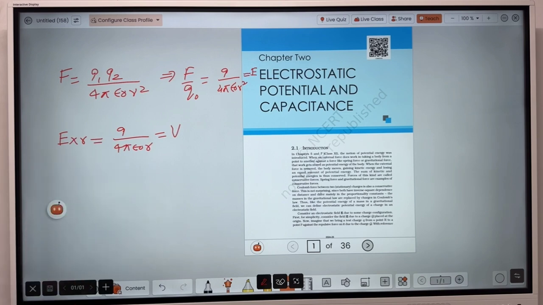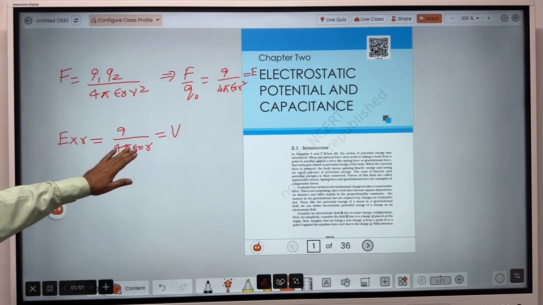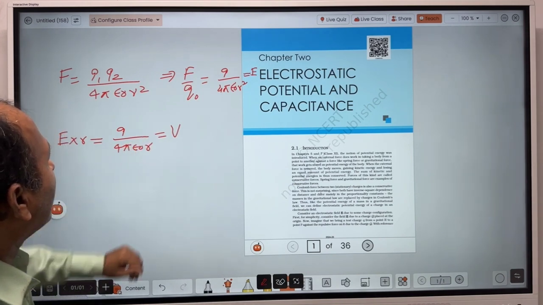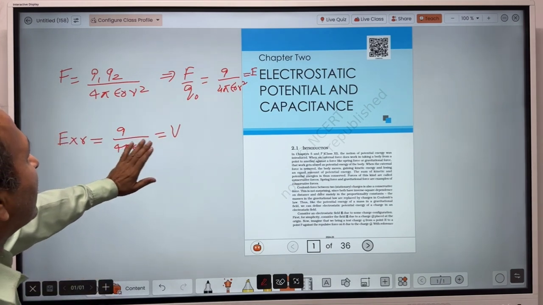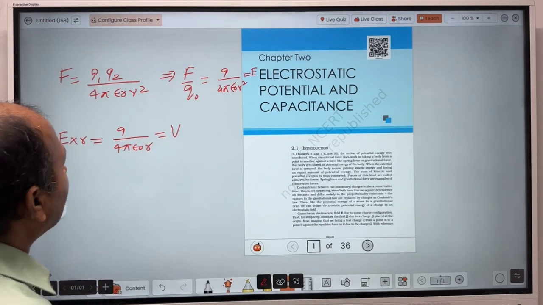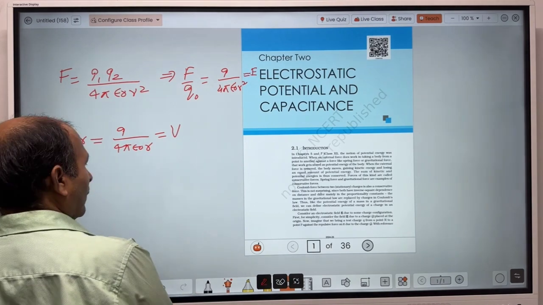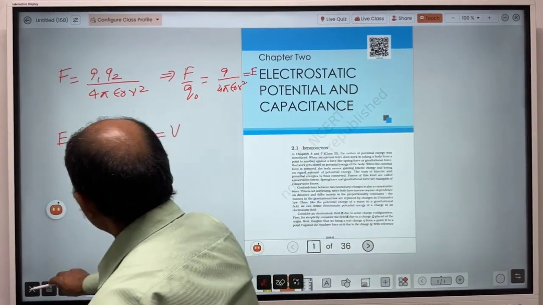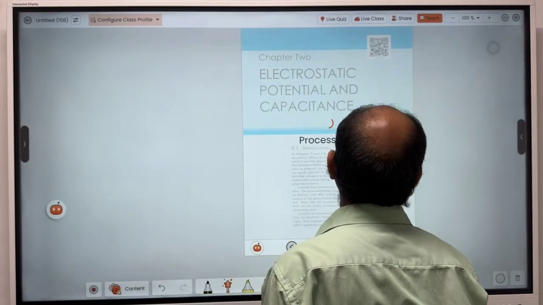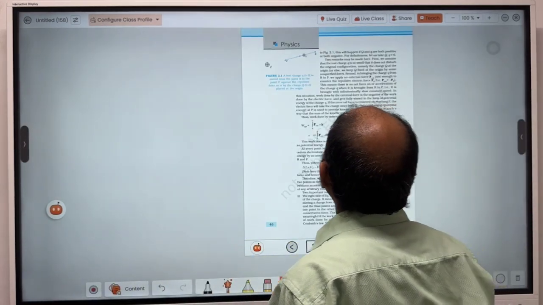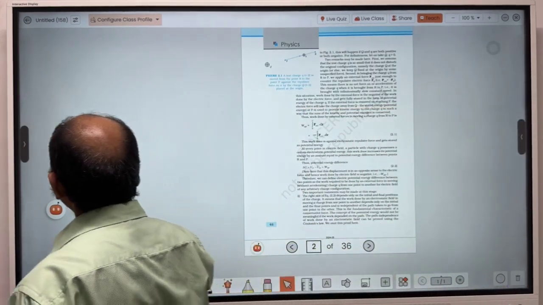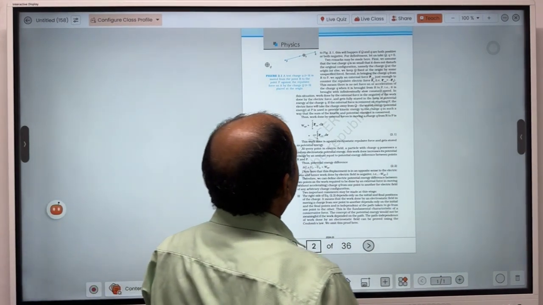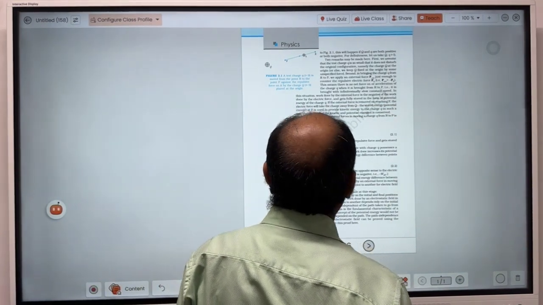So in this chapter, we will see what is the relation of potential with R, how it is related with capacitance and other things. As you know, change in kinetic energy is equal to work done.